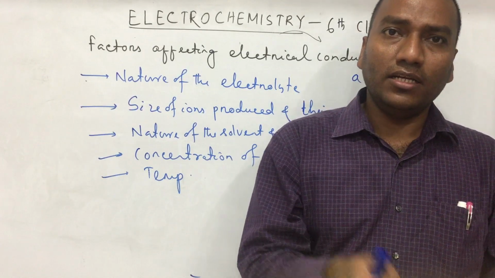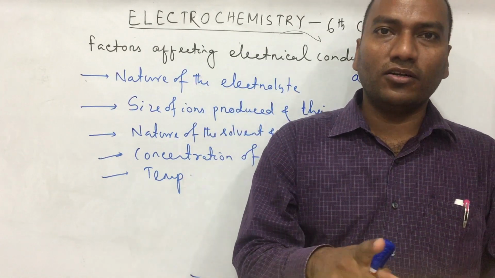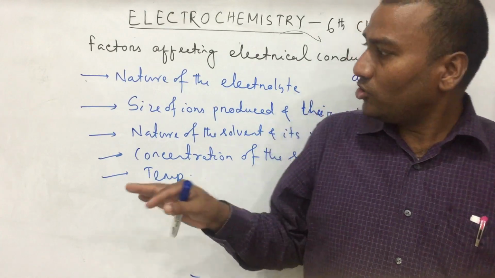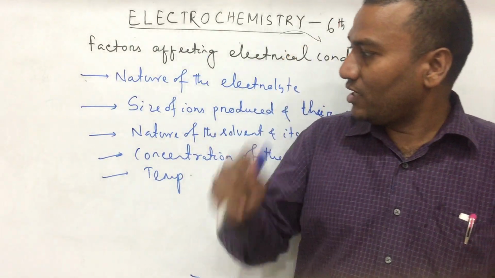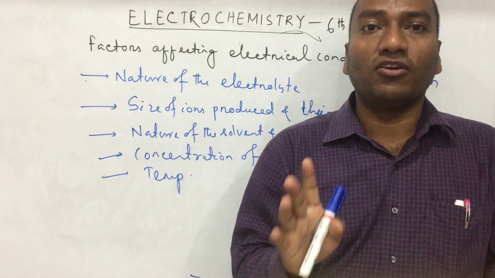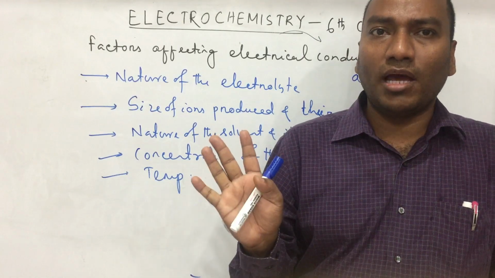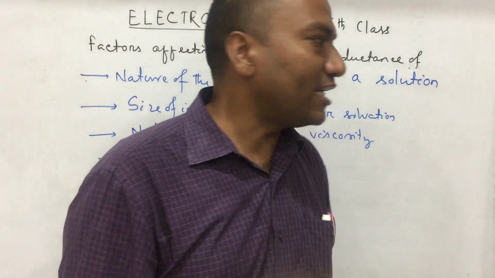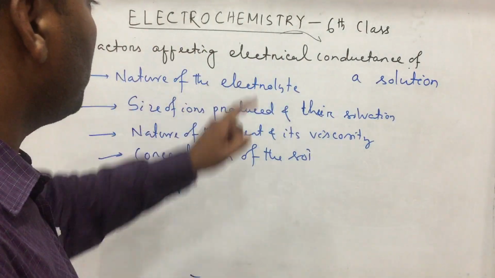Copper is a metal, a good conductor due to free electrons. Copper sulfate is a good conductor due to the presence of free ions. So in this part, we always think in our mind whether free ions are present or not. If ions are not available, definitely its conductivity is very less. Clear? So that's why nature of the electrolyte.